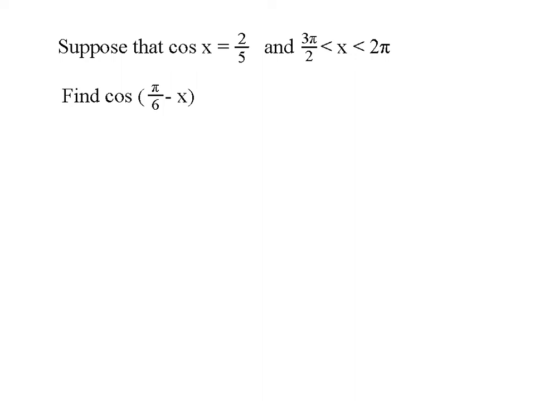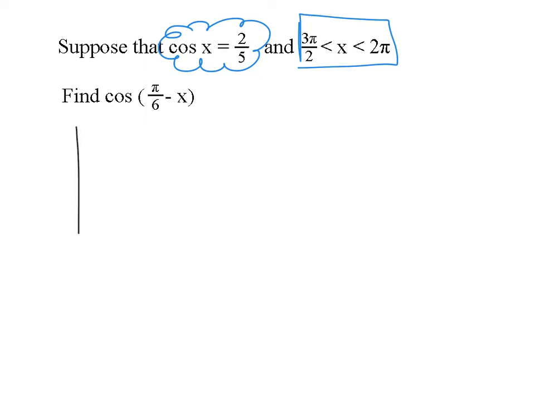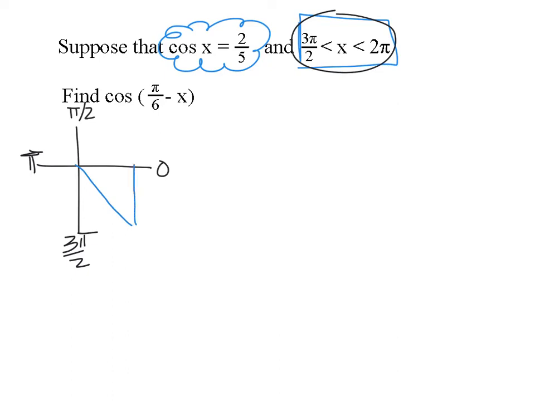All right, and then lastly, now we have a problem where they're giving us what cosine is equal to, and they're telling us it's in a specific quadrant. So what we're going to do here is draw our 4 quadrants: 0, pi over 2, pi, and 3 pi over 2. This angle x is going to be in quadrant 4 between 3 pi over 2 and 2 pi.